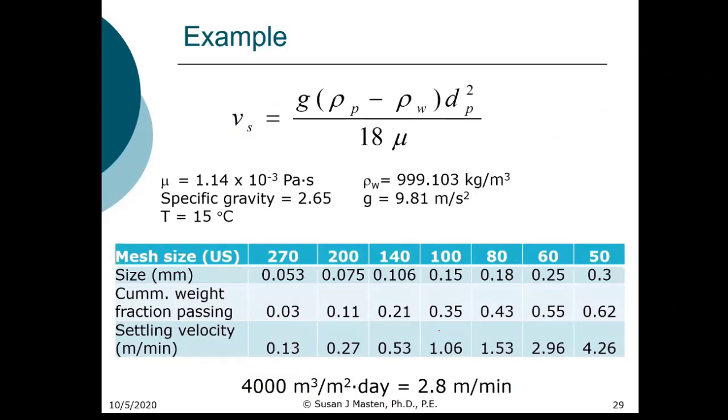From that we have a table where we now have the settling velocity as a function of particle size. We also have it as a function of cumulative weight passing. Just as a reminder, this is V naught.